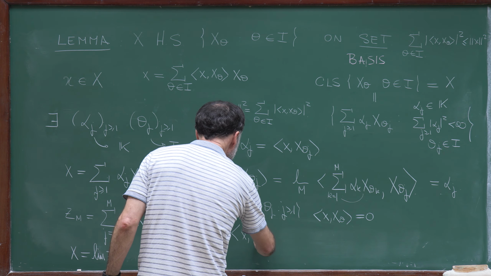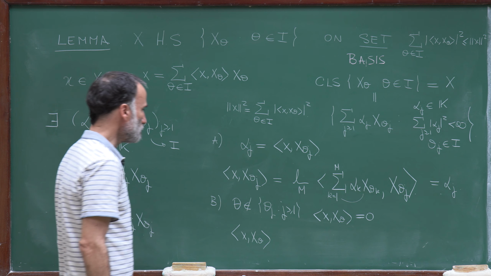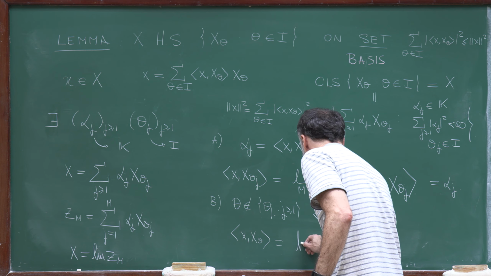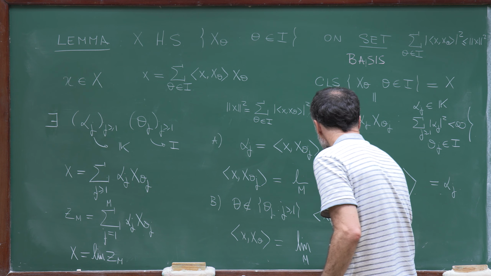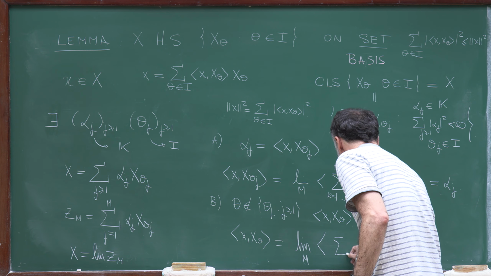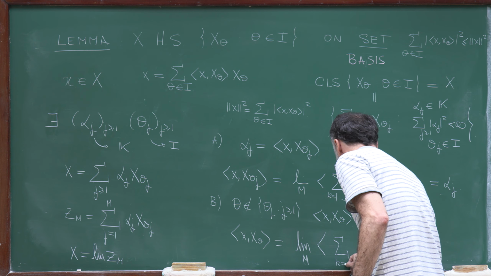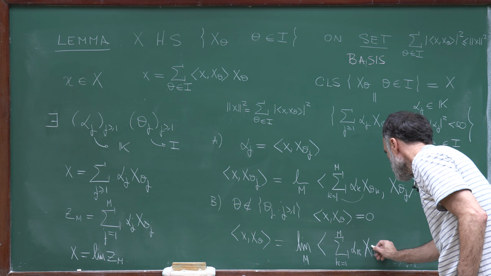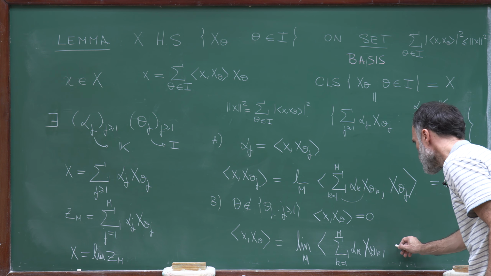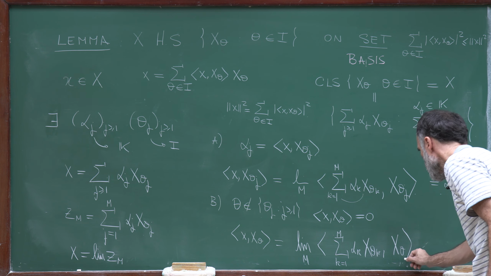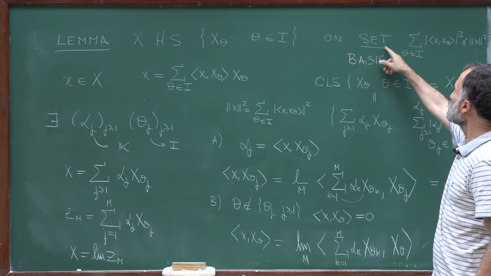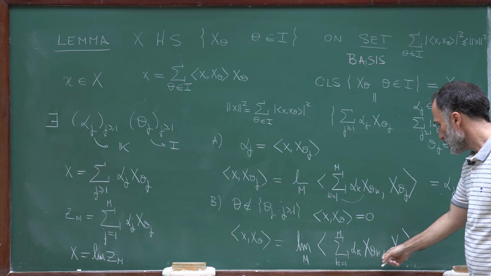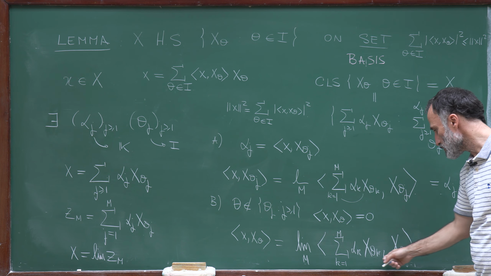The scalar product of x with x theta is the limit in m of the scalar product of the sum for k from 1 up to m of alpha k x theta k with x theta. But since this is an orthonormal set, and theta is different from all theta k's, these scalar products are equal to 0.